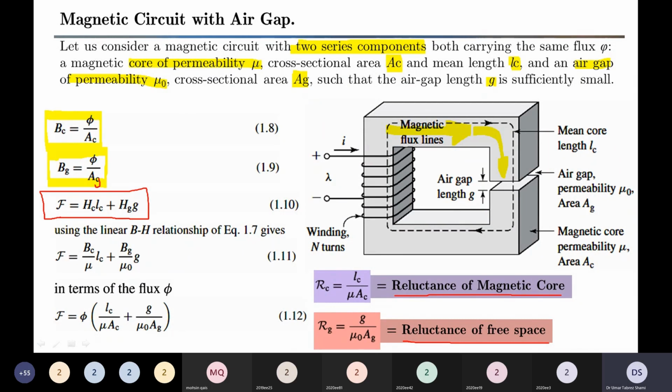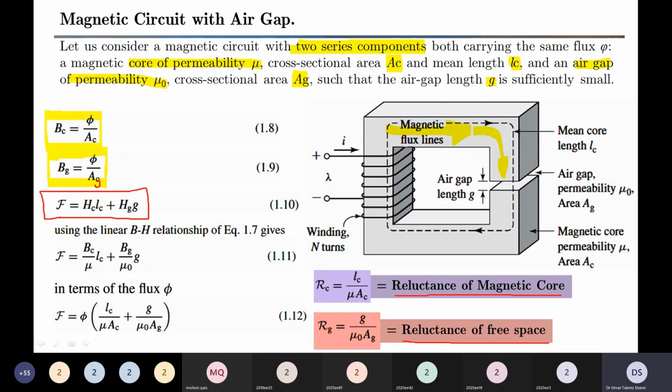What is the point? That the components which have high magnetic permeability present minimum reluctance. They present the least resistance to flux. And those components that have very small permeability present large resistance, large opposition to the flux.